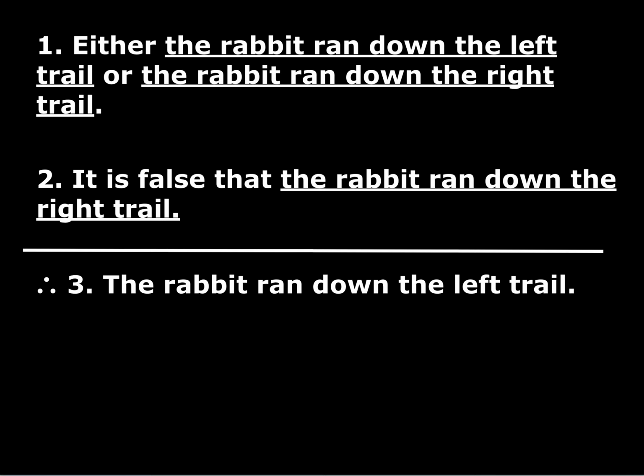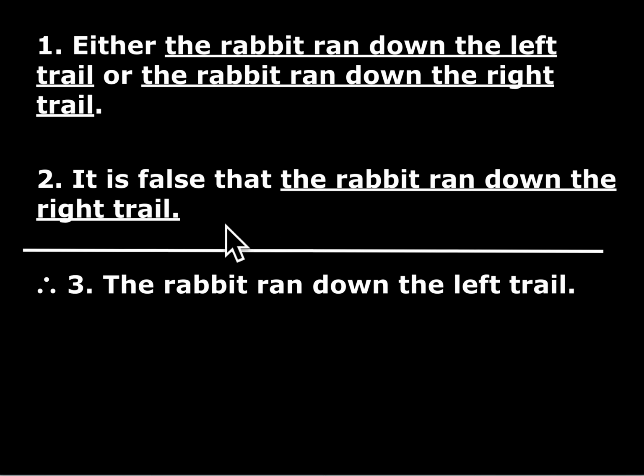Let's look at premise 2. Premise 2 also is compound because it has one or more parts that are themselves statements. In this case, the rabbit ran down the right trail is a part of it is false that the rabbit ran down the right trail.